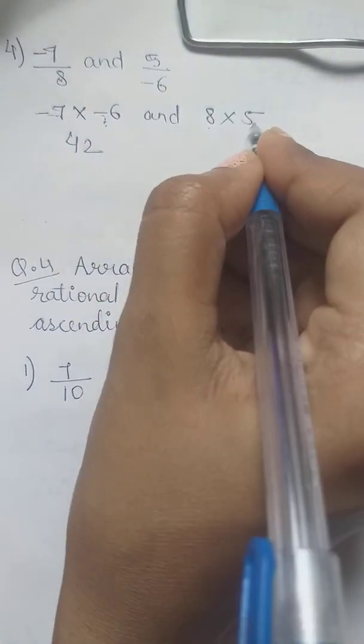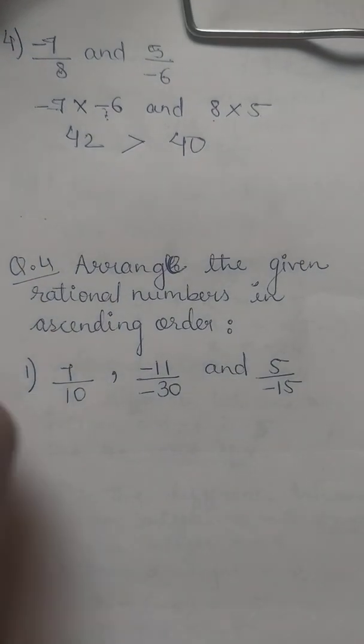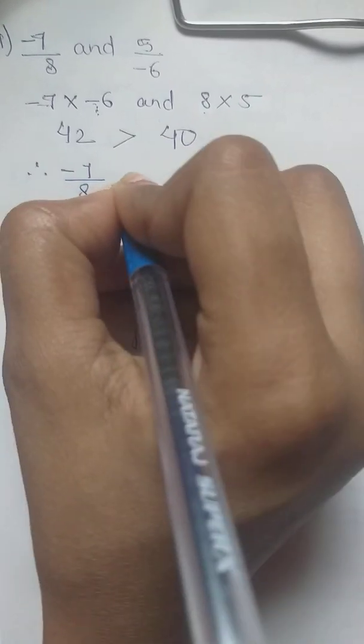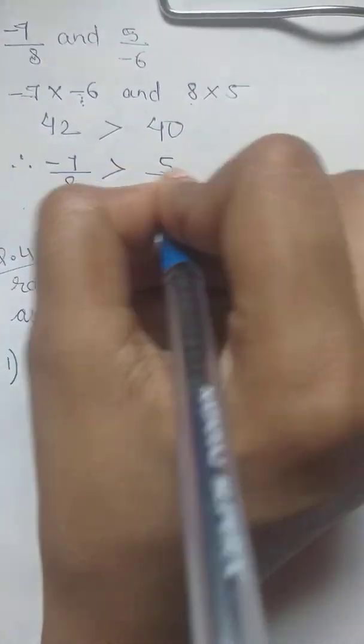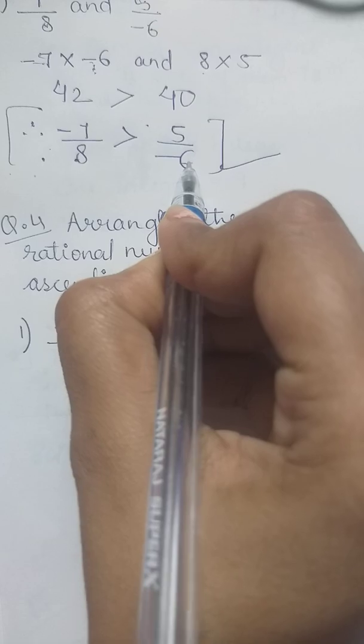Okay, I'll solve it for you. 7 6s are 42, minus minus will become plus, and here 5 8s are 40. Which is greater? Yes, 42 is greater. So we compared, and therefore minus 7 by 8 is greater than 5 by minus 6. You have to write this: minus 7 by 8 is greater than 5 by minus 6.